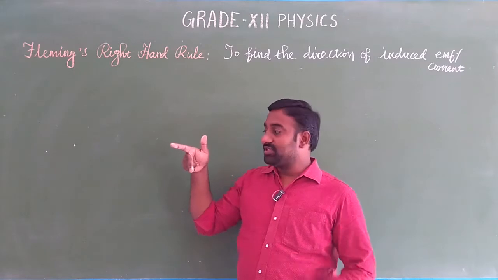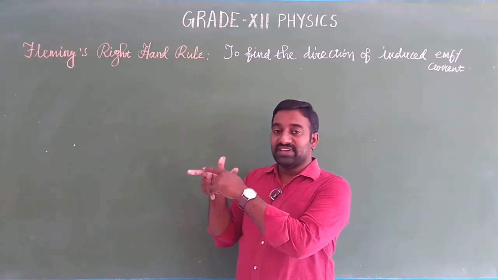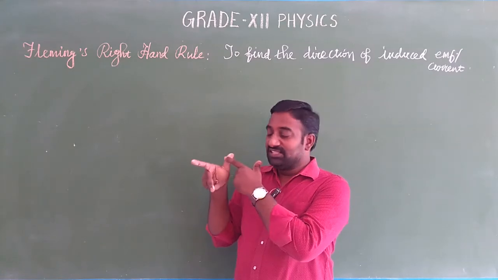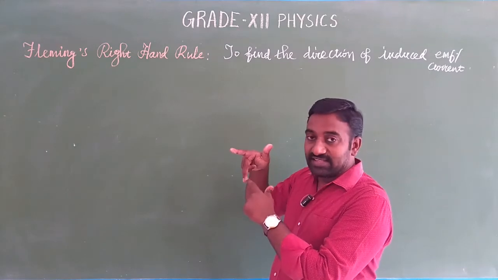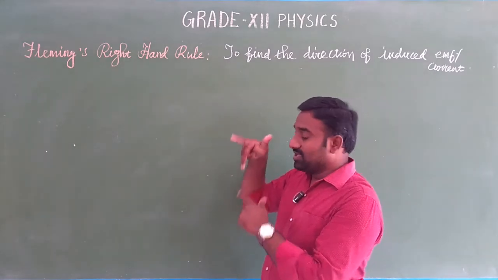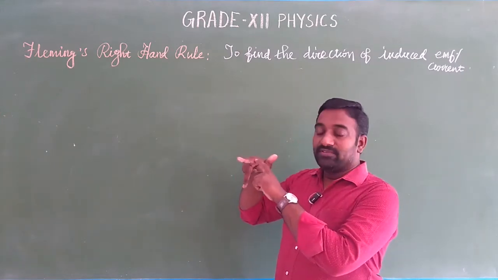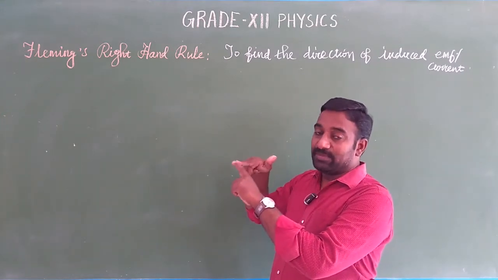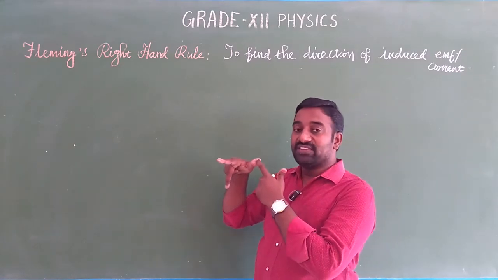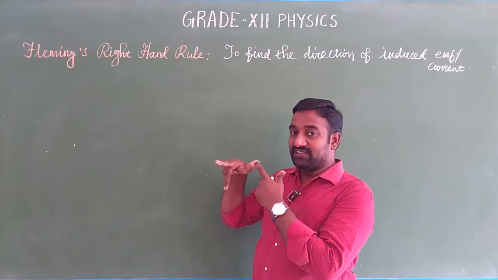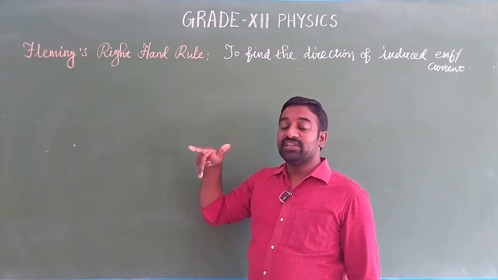The angle between the thumb and the index finger is 90 degrees. Similarly, the angle between the index finger and the central finger is 90 degrees. After stretching, the forefinger points in the direction of the magnetic field, the thumb points in the direction of motion of the conductor in the magnetic field, and the central finger points in the direction of induced current.